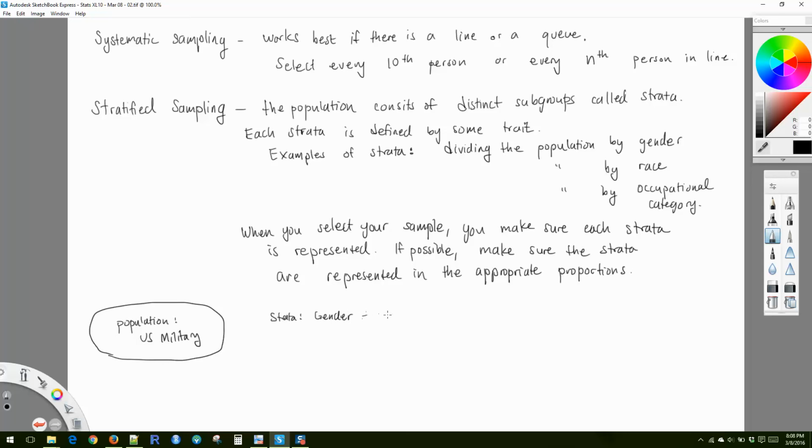The military is mostly male, but there are also many females. Let's say, and I don't know what it is, the percentage of males is maybe like 83%, and the percentage of females is 17%, in the population.